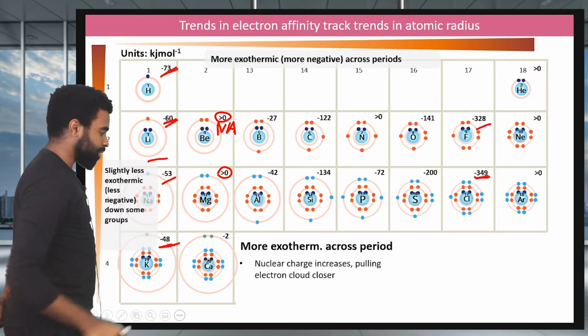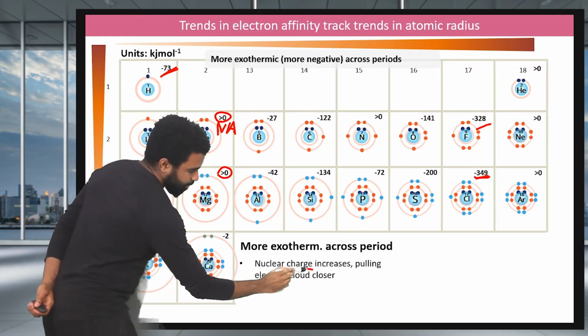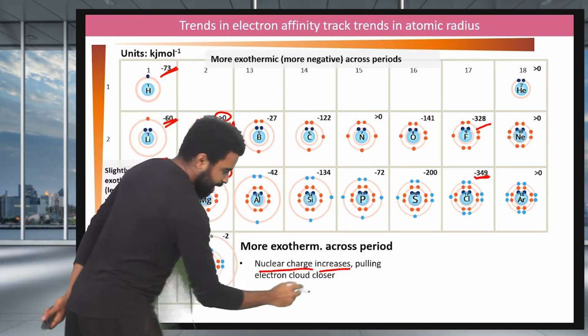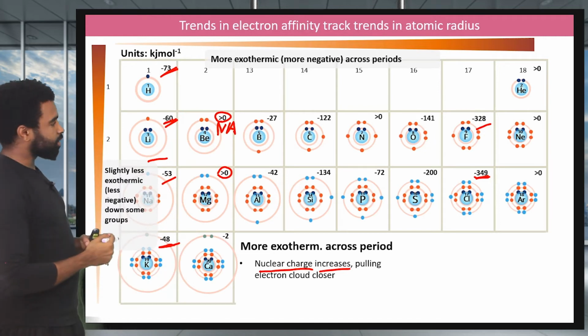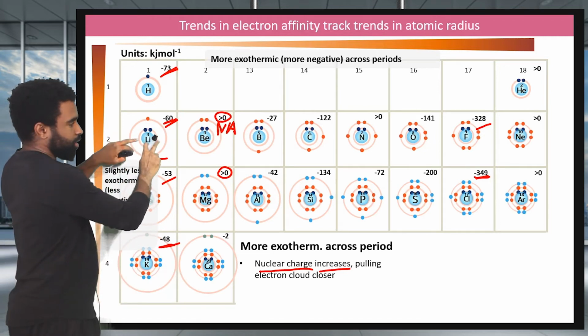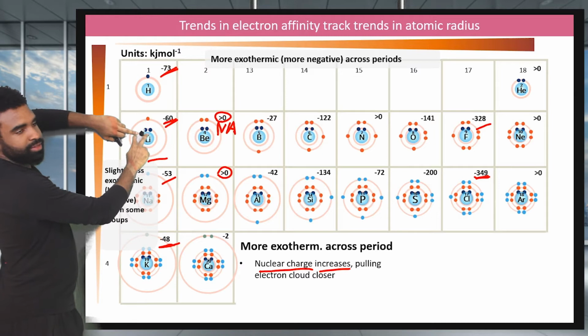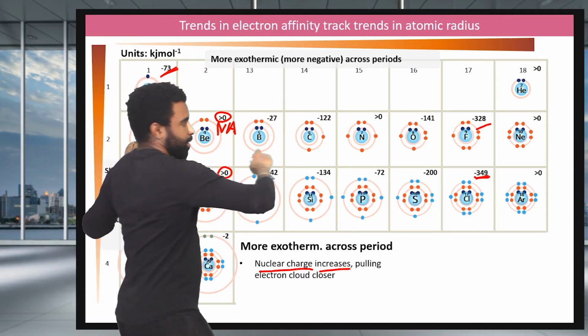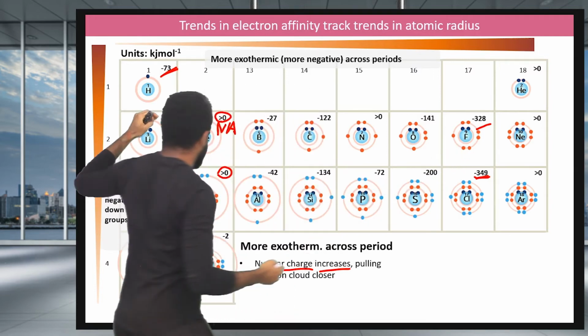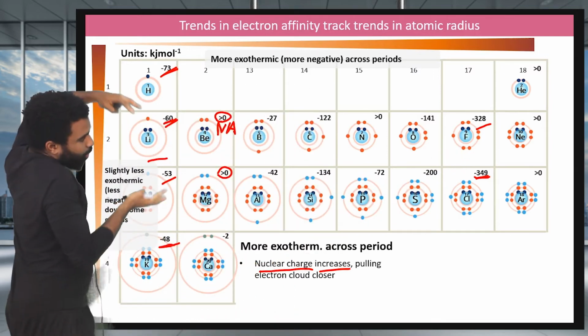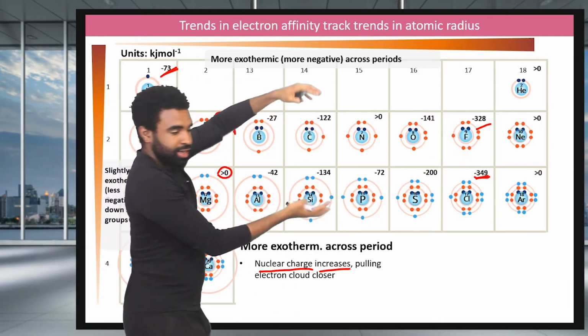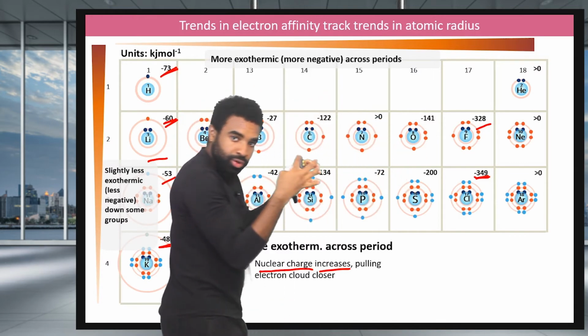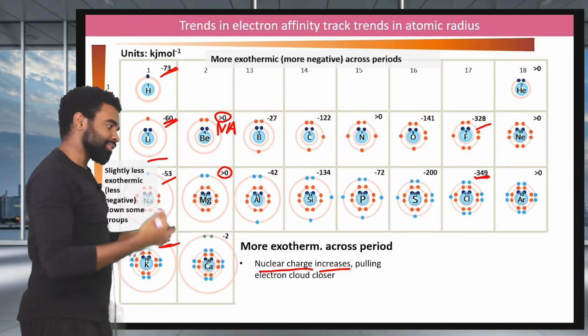Let's look across a period. We say that across a period, the nuclear charge increases, and this pulls the electron cloud closer. So here we start with a nuclear charge of 3. The 3 I've written in this nucleus means that there are 3 protons in there, and we go over there to 9 protons. And so the pull on those electron clouds is increasing because the number of protons in the nucleus is increasing.